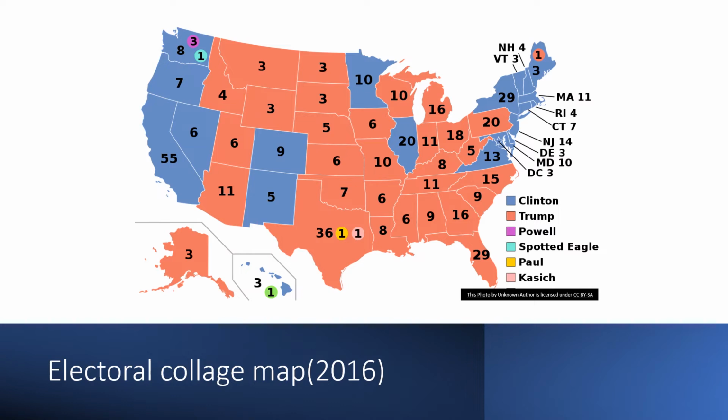This is a map of the Electoral College right here in 2016, and this is what I was talking about. One voted for Paul and one voted for Kasich in Texas, and in Washington, 3 voted for Powell and 1 voted for Spotted Eagle, and in Hawaii, 1 voted for, I think it was Bernie, but I'm not 100% sure.